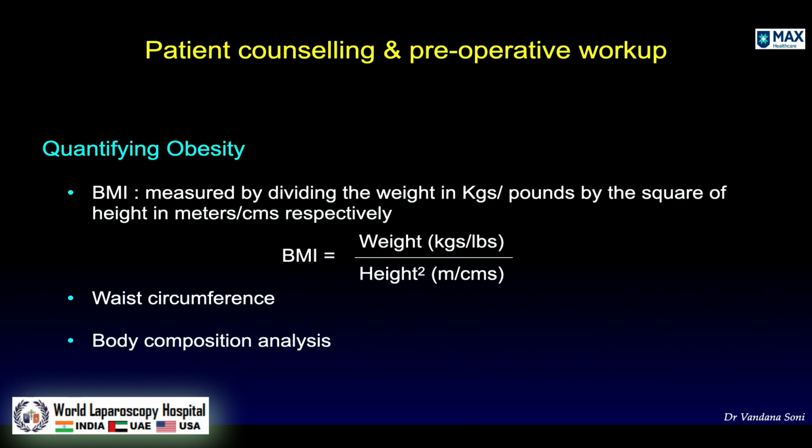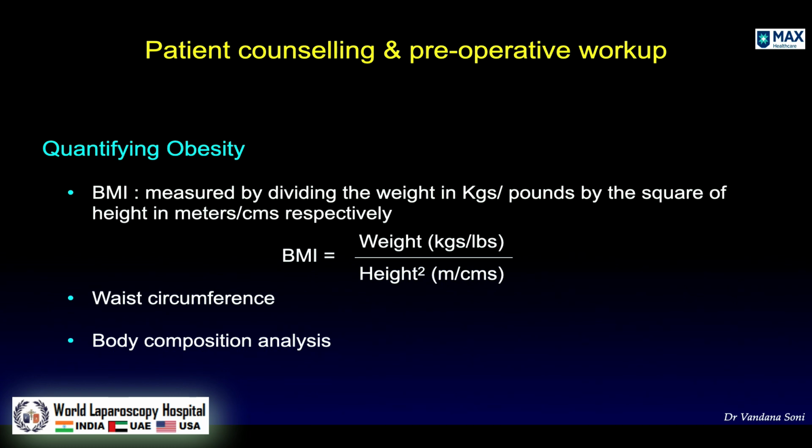Overall, it is a simple parameter to calculate, is standardized, and will not vary in the manner it is calculated, whether you are in Japan or in the Americas. BMI is calculated by dividing the weight by the square of the height, in kgs or pounds, in meters or centimeters respectively.